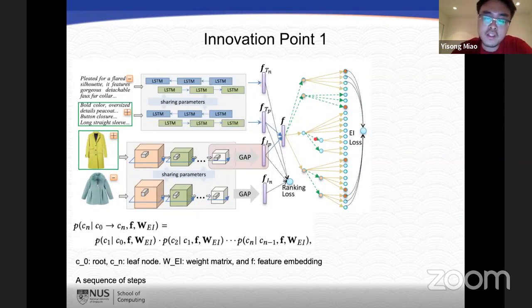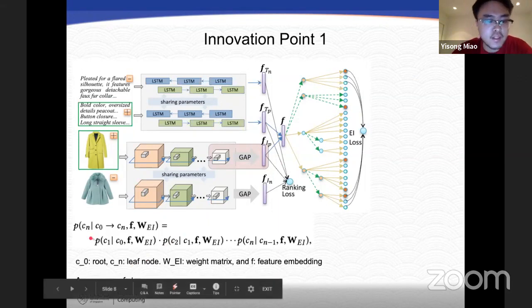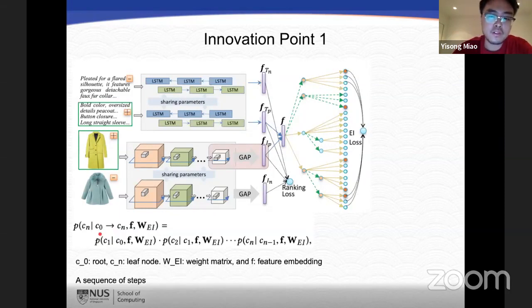Okay, as for how they can transit from a root node to a leaf node, they model it as a multi-step reasoning path problem. Let's see this equation. On the left-hand side, C0 stands for the root node, and CN stands for a leaf node.